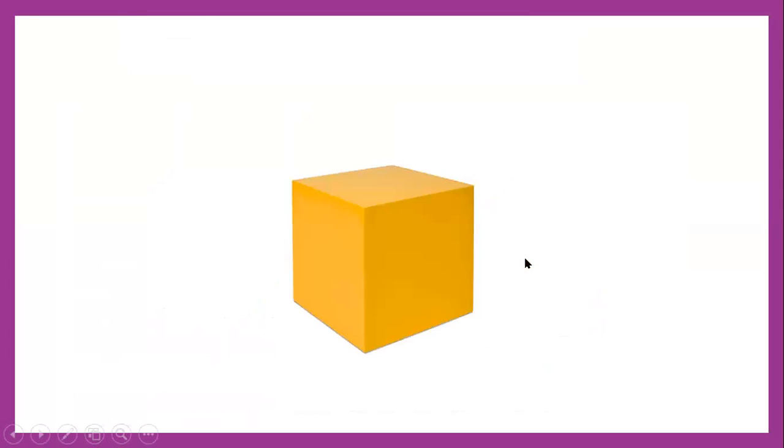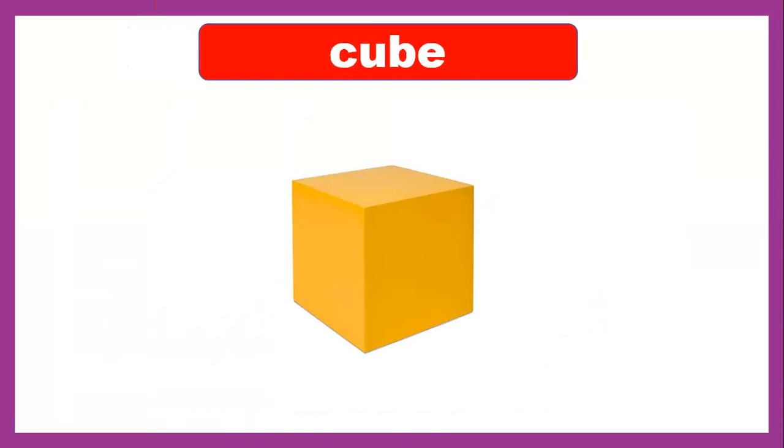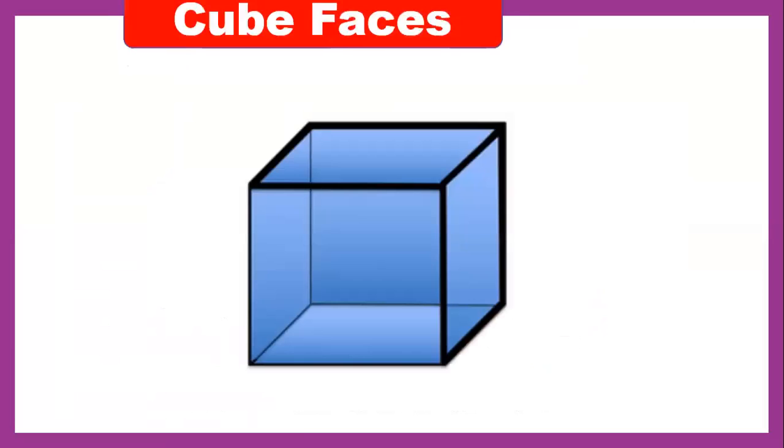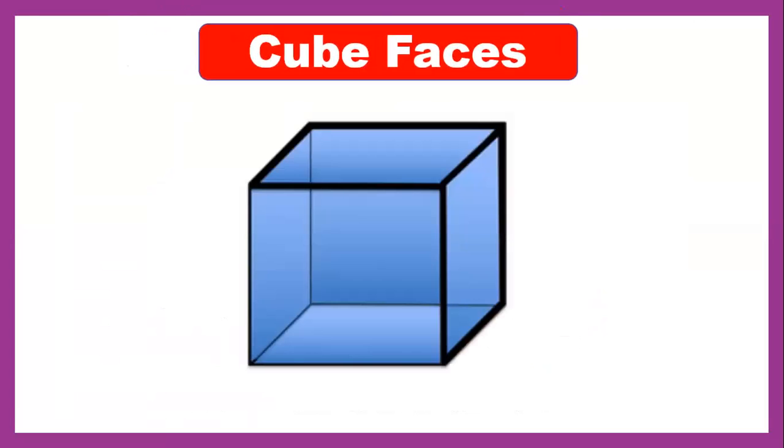Now look at this cube. Let's count how many faces of this cube. One on the top, one at the bottom, one right, and one left. One in the back, one in the front. So how many faces? Six faces and eight vertices.